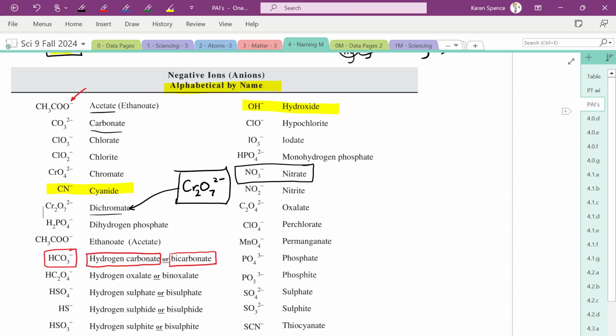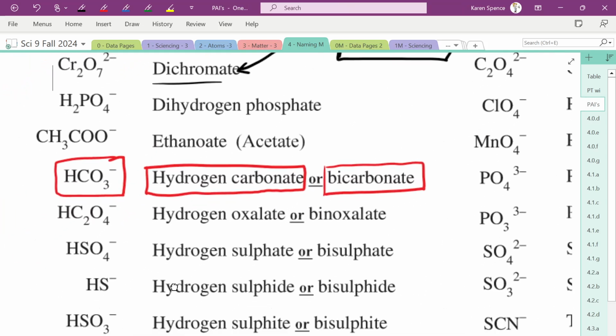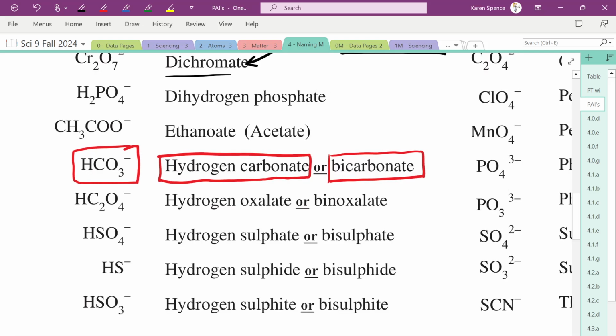On your green sheet, those polyatomic ions, look under H. We have hydrogen carbonate, and it's all that one thing. We have hydrogen sulfate. It's all that one thing. We have hydrogen sulfide. It's all that one thing. So if you see those, don't get freaked out by them. Okay?